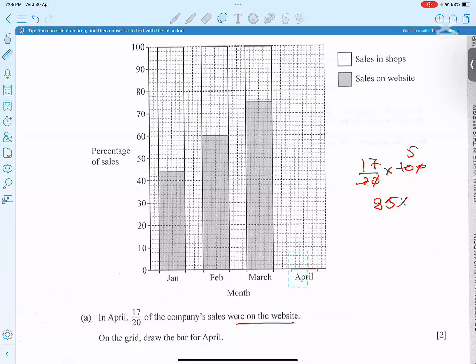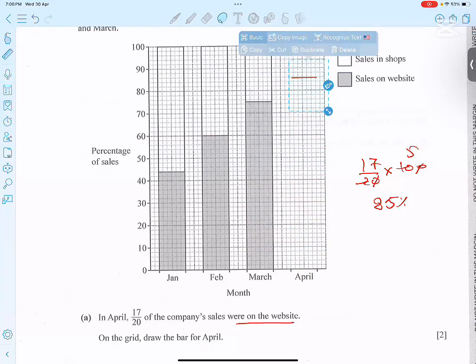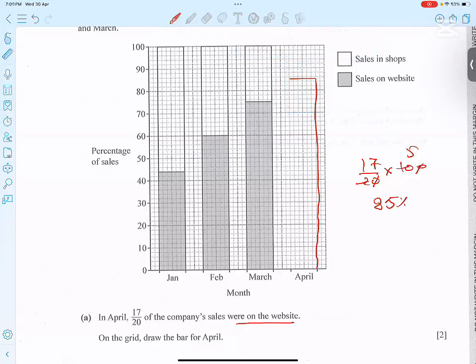This bar, this line I'm taking here, I'm going to make it here. And now I'm going to make the line for the rest from here. So this is the grayish part, and the remaining I will make a white part, and that is till 100.